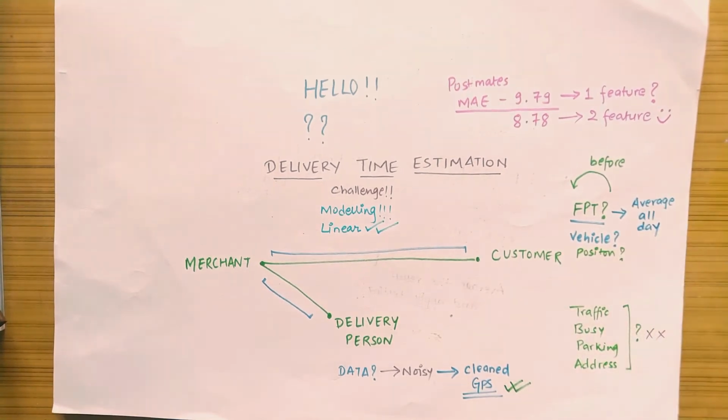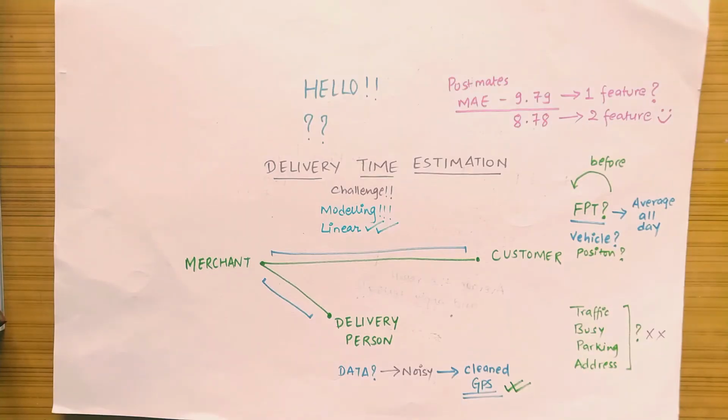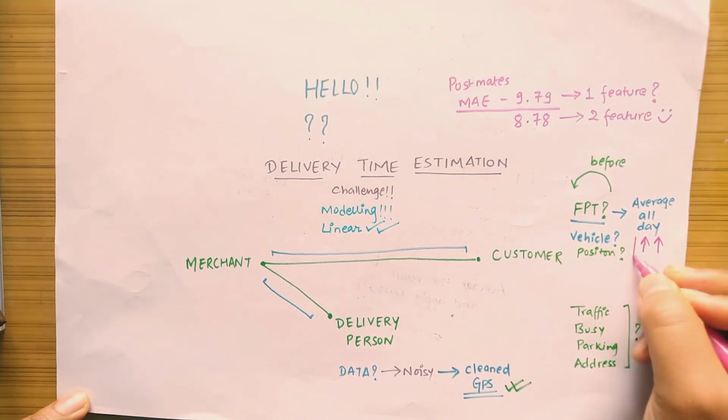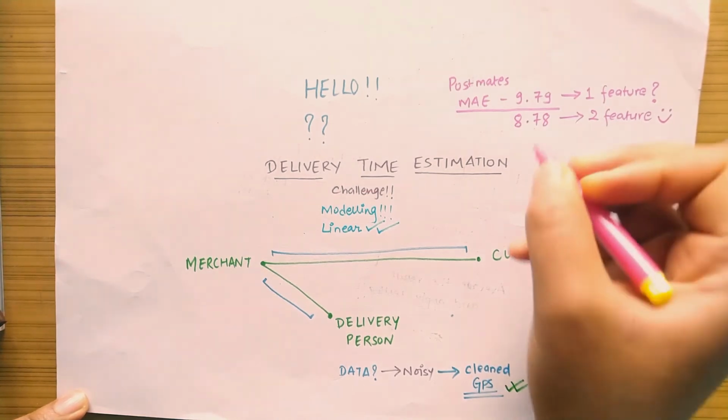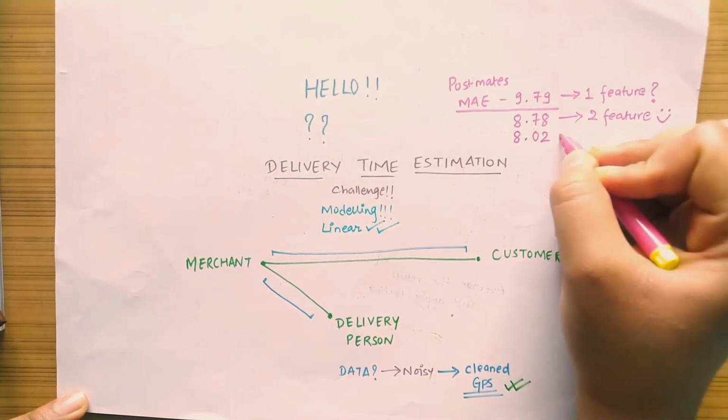And now they had a graph with a linear equation fitted to a two-dimensional set of points. This is multivariate linear regression. And from this data, it was clear that merchants with higher prep time generally have higher total delivery time, which is very obvious. So after adding this feature, their MAE came out to be 8.02.